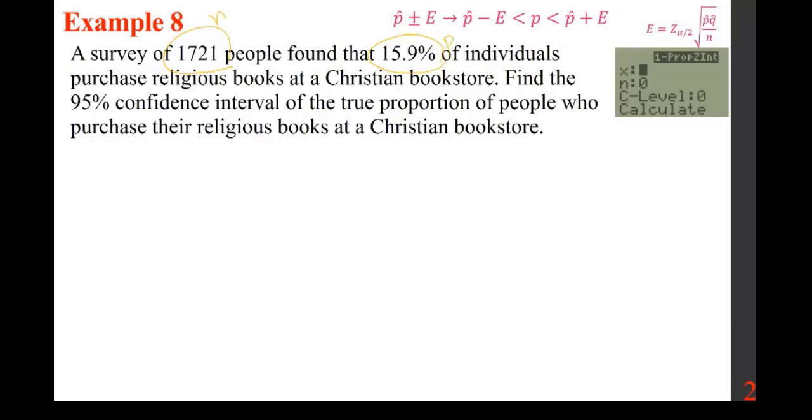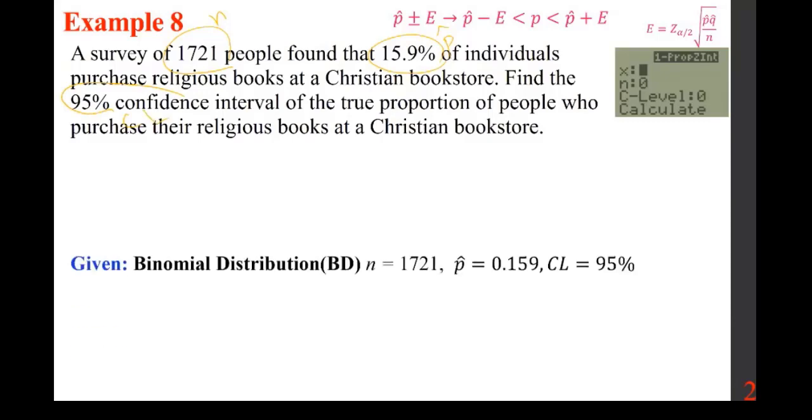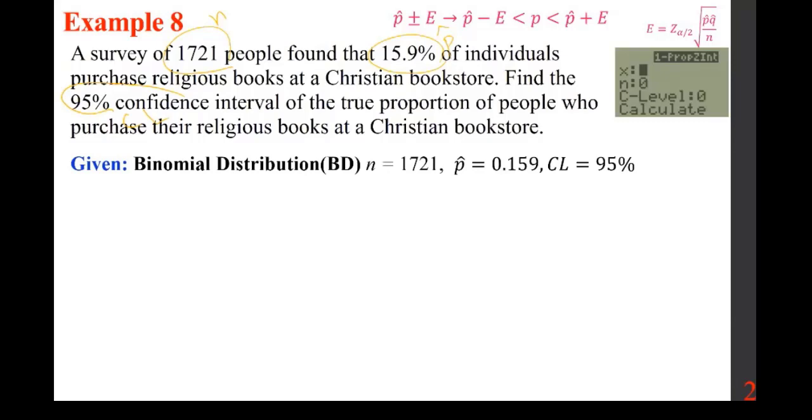Well, you can find X if you multiply it by N. Yeah, but that is p-hat. That's the percentage. And what is the confidence level? 95%. And so with that being the case, we have n of 1721, p-hat is 0.159 with the confidence level of 95%.